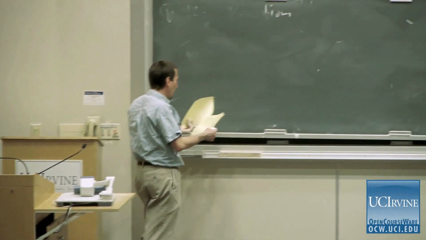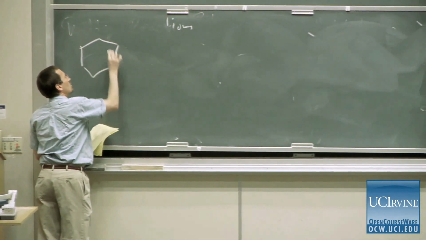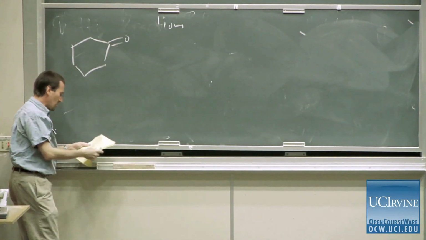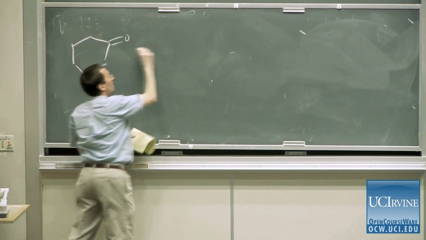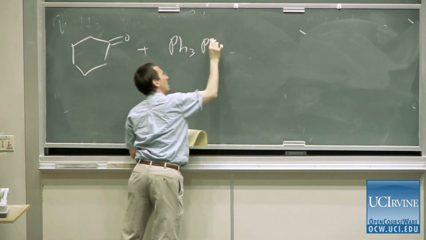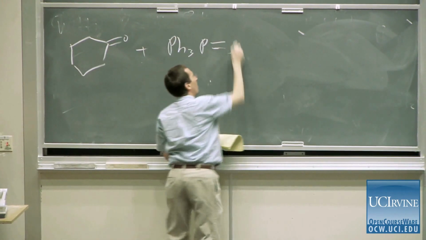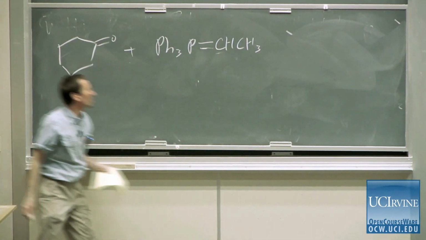Let's just take a look at how one does this in practice. So I'll show a couple of examples. Let me show how I do a Wittig reaction of cyclohexanone. First, I will show you the reaction of the phosphorus ylide, and I'll write it in the other resonance structure. Both of them are correct.